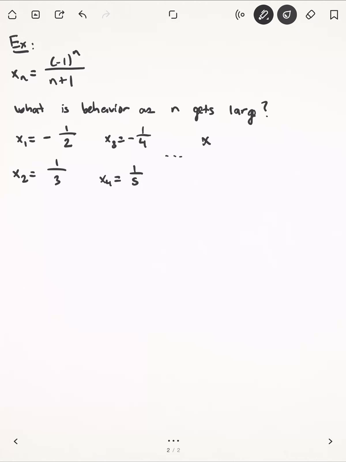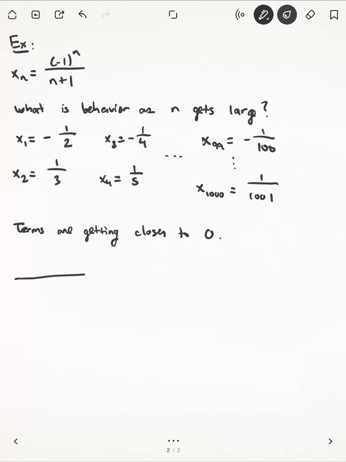And x sub 99 is -1 over 100, and then if you keep going, x sub 1000 is going to be 1 over 1001. So what seems to be happening is the terms are getting closer to 0.